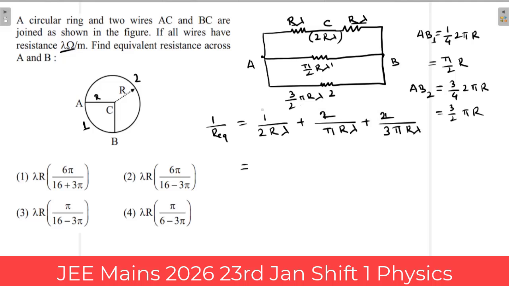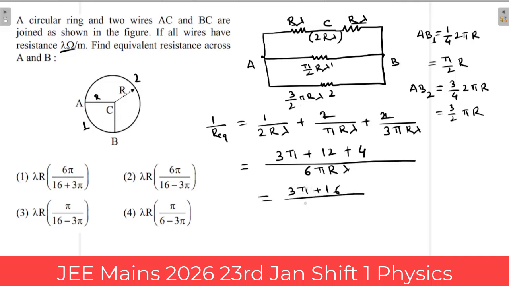So if we take the LCM, it will become 6 pi r lambda. So this is 3 pi plus 12 plus 4. So this becomes 3 pi plus 16 divided by 6 pi r lambda.